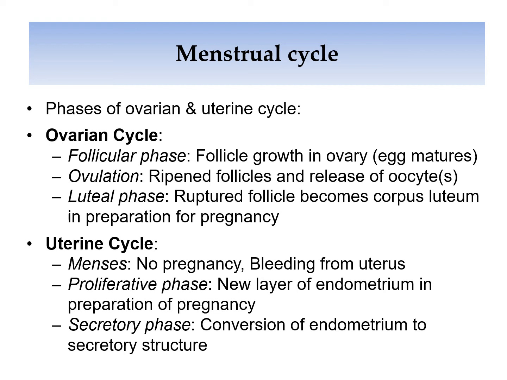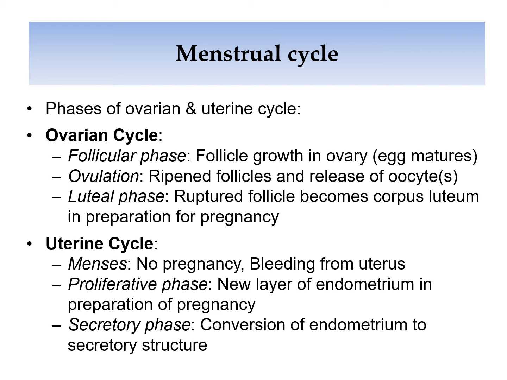Then there's the second phase, which is the ovulation phase. This is when the follicles ripen and are released from the ovary. Now the ovum or the oocyte is released from the ovary. That is called ovulation. What is left, the ruptured follicle, will then become what is known as the corpus luteum, and we'll talk about its significance. This corpus luteum is important during pregnancy, and it's called the luteal phase. So basically an ovary goes through a follicular phase, an ovulation phase, and a luteal phase.